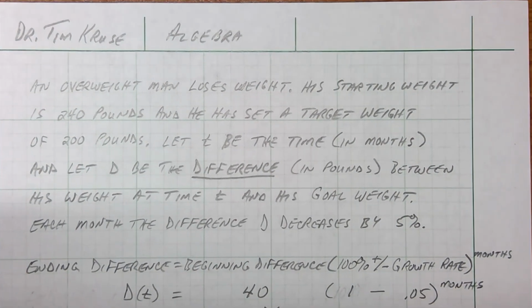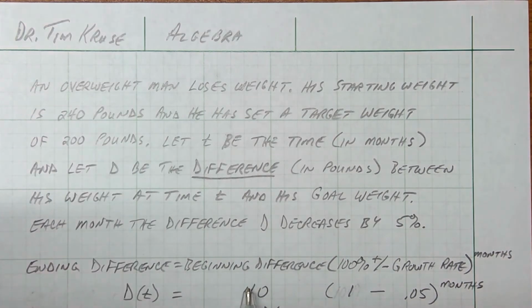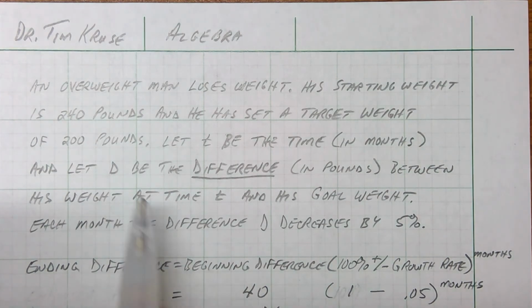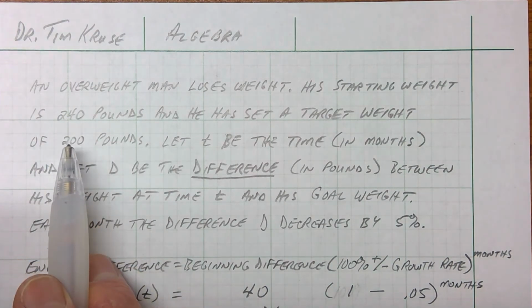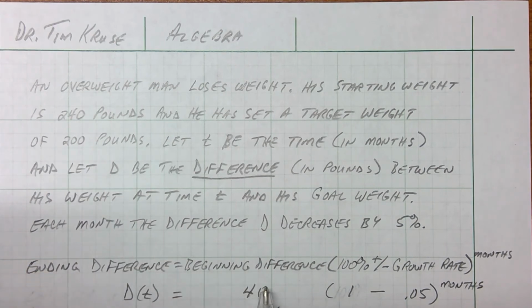All right, so the difference in terms of how many months have gone by is what he started with. See, this is where it gets tricky. You want to say he started at 240 pounds, but that's not what goes here because they want the difference between what he weighs and what he wants to weigh. So his initial difference was 40 pounds.